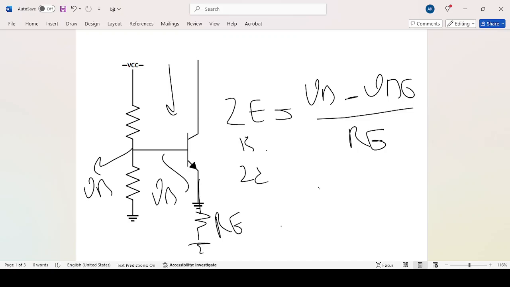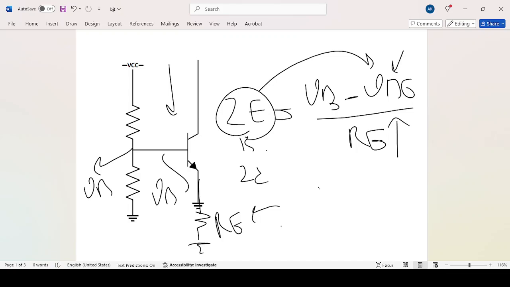Here you can see if RE is huge, then the dependency of the current of the current source on VBE would be limited, and you can suppress that phenomenon. You can define it by RE and VB.